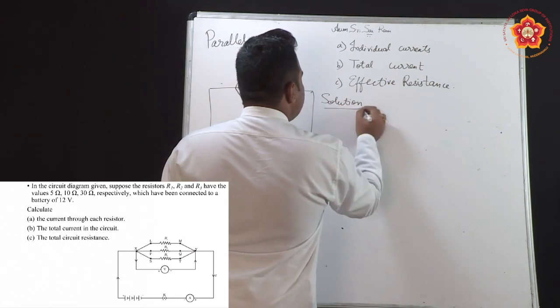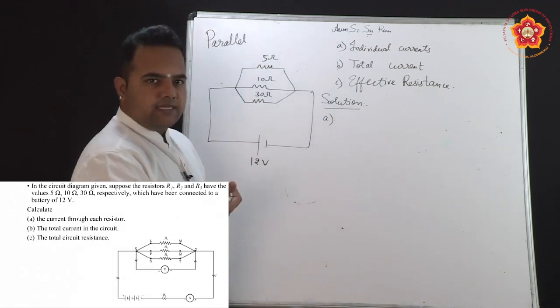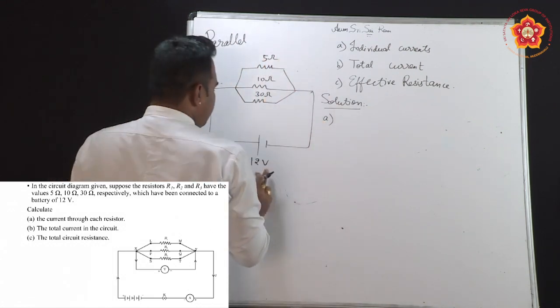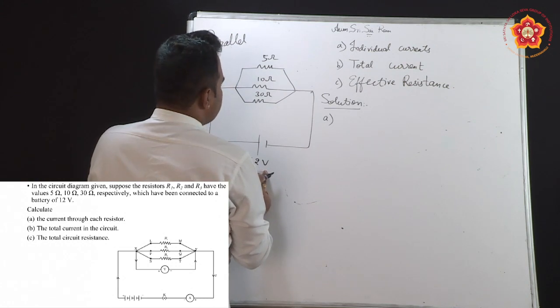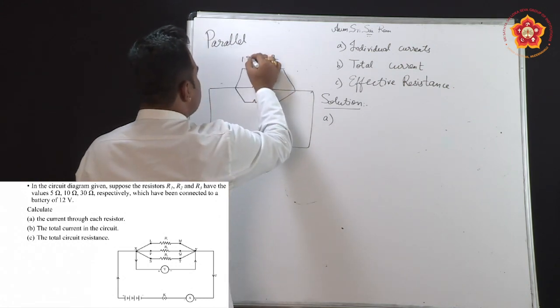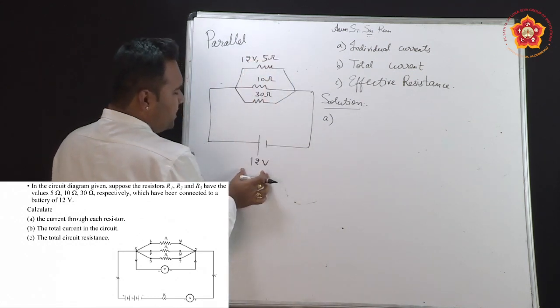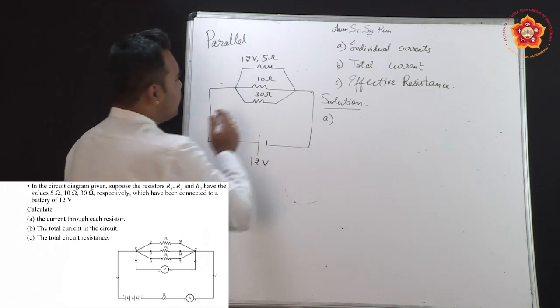What are they asking us now? The first one, individual currents. 12 volts is the supply voltage. What will be the voltage across resistor 1? It will be 12 volts, because in parallel every resistor gets the same voltage as the source voltage.